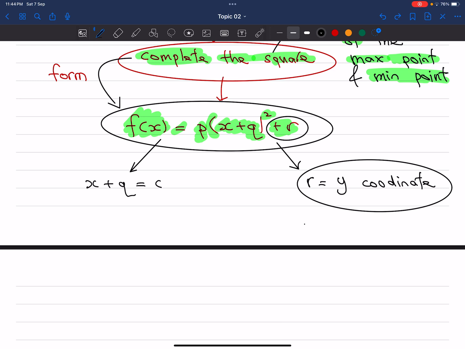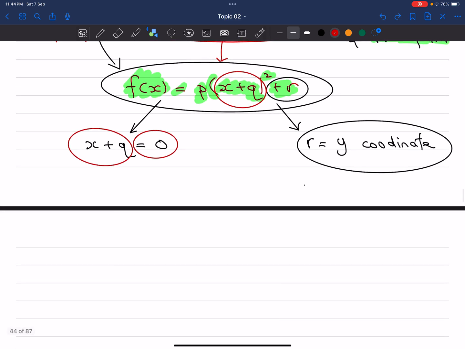you make it 0. Go inside the brackets and make it 0. From here, you will get the x coordinate, which is negative q.